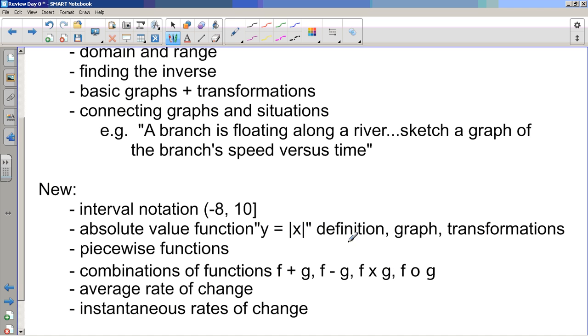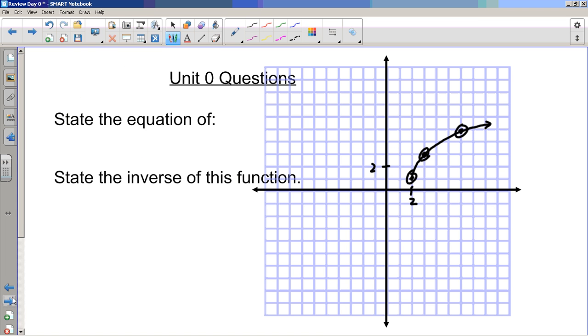The combination of functions, the sum and the difference and the product and the composition were all new ideas, and we saw those again in unit 5, the modeling unit. And then average rate of change and instantaneous rate of change we saw for the first time in unit 02. And that seems like we've always known this rate of change business, but we'll get to see some typical unit 0 examples here in a second.